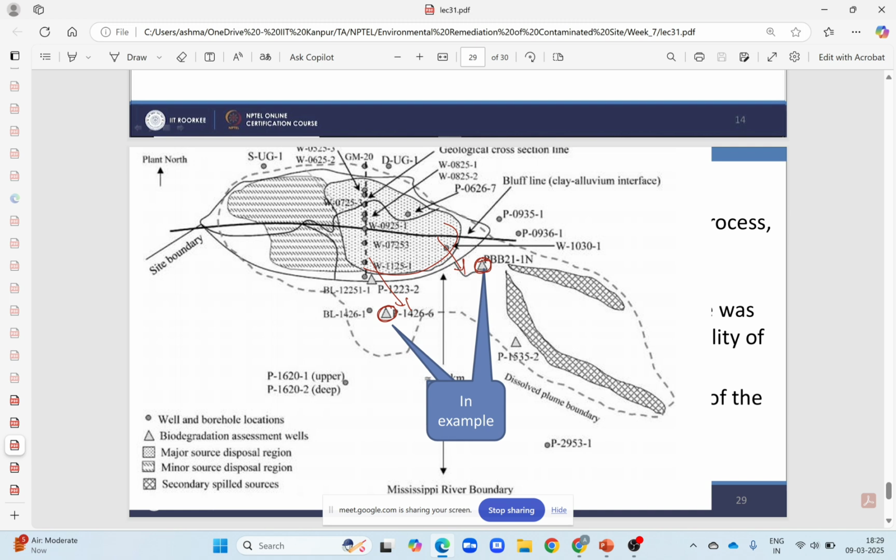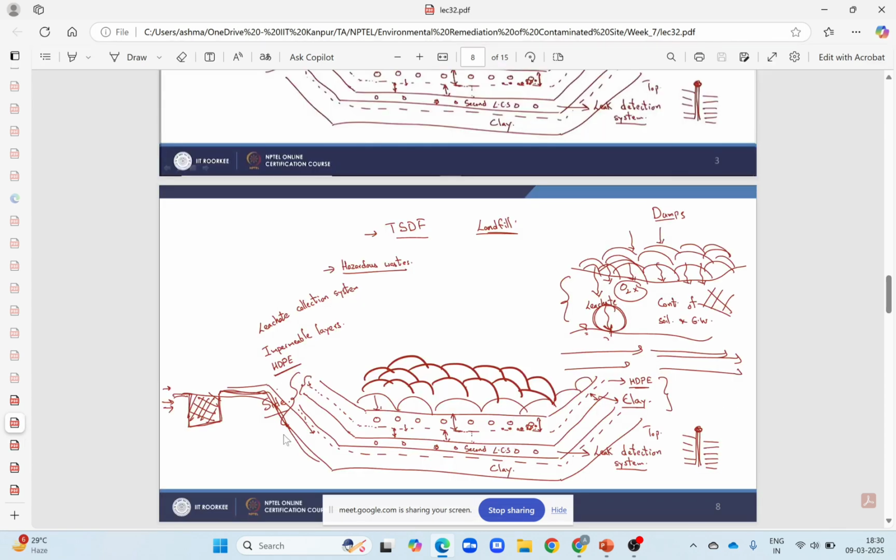So a typical landfill will look like this. It will have an impermeable layer. For hazardous waste, there are two impermeable layers, but for municipal solid waste, there is only one impermeable layer. So there will be an impermeable layer or geomembrane which blocks the flow of leachate from this landfill to the groundwater below, and there will be a clay layer above that, and then there will be perforated pipes in the sand.